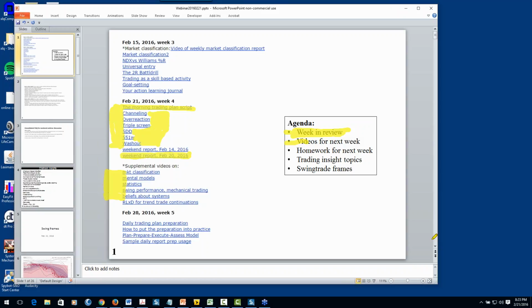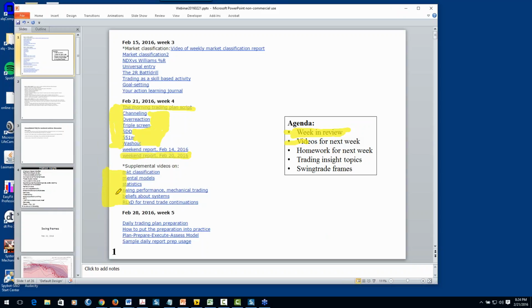There was also a short one that I did on the RLXD for trend trade continuations. It was inside the chat room and in reference to an intraday trade, but the trade frame or the patterns on the chart were so typical of swing trading as well that I wanted to describe how I use the RLXD as a way to get on board or to reinforce or to re-enter or to take profits from standard momentum trends.